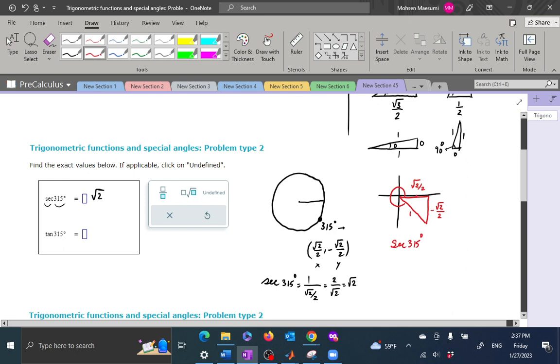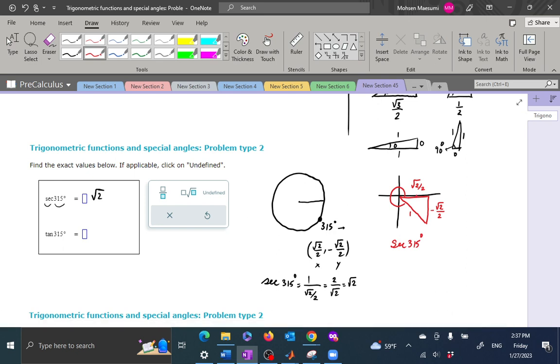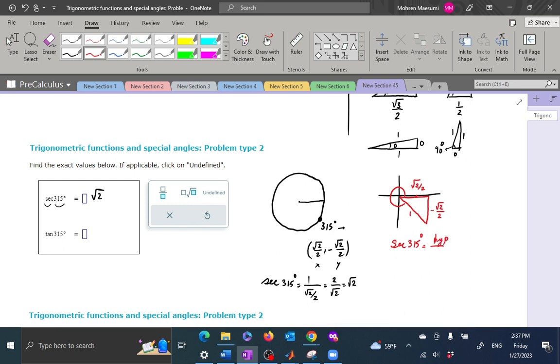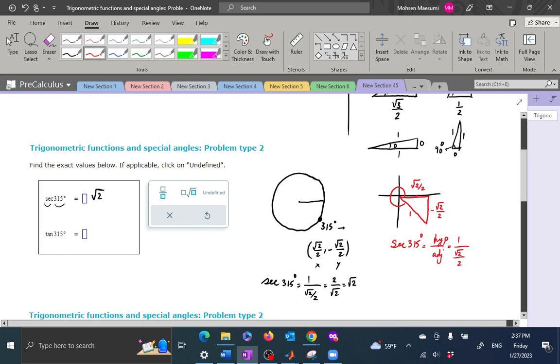This is still playing the role of your adjacent. What was 315? It was 1, which is hypotenuse. Let's call it hypotenuse over adjacent. So hypotenuse is 1, adjacent radical 2/2, and same action as before, we get radical 2.